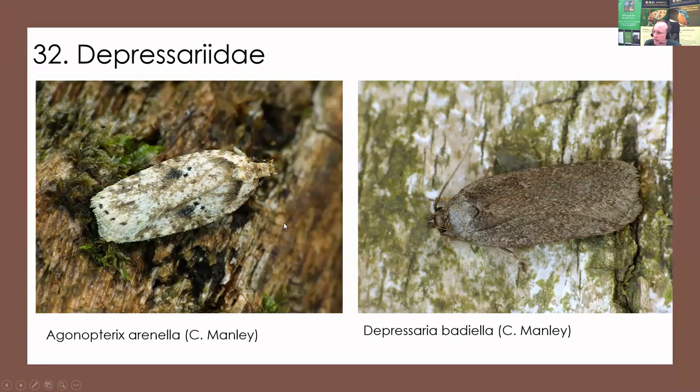On the other hand, the final family within this little group are the Depressariidae, and there's two genera, the Agonopterix and the Depressaria, and they're called flat-bodies as an English name. They have this sort of broad rounded shape around the base of the costa, and in that respect they look a bit sort of Tortrix-like, but they're flat.